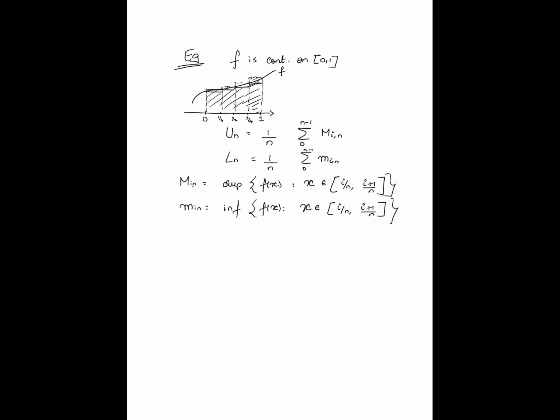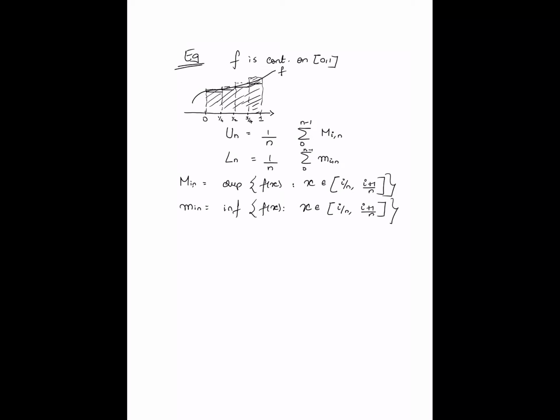Okay, so what have we done at this point? I break the interval 0 to 1 into n chunks. Each of these chunks is of length 1/n. So the ith subinterval runs from i/n to (i+1)/n. Now, what is this Un?